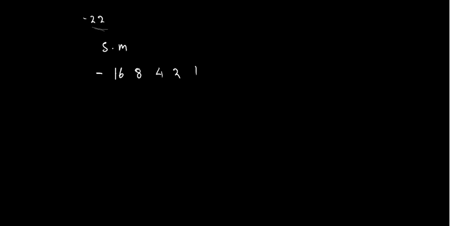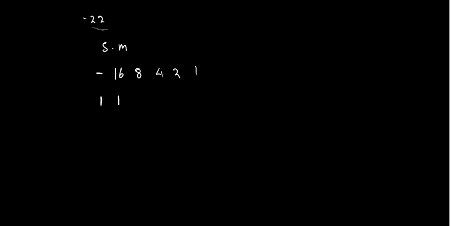Okay, so what is our number? It's negative, so our sign bit is going to be a 1. Then we're going to add 16 to it. What is 22 minus 16? 22 minus 16 is 6.